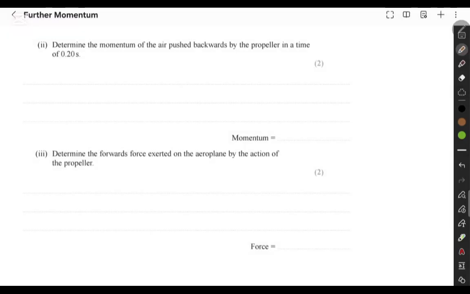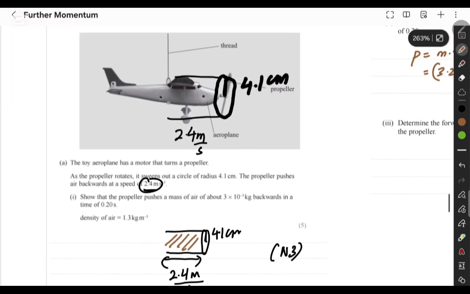So now we're going to be doing the last two parts of this question. It says determine the momentum of the air pushed backwards by the propeller in a time of 0.2 seconds. So momentum is equal to mass times velocity. The mass of the air that's pushed backwards is 3.29 times 10 to the power of minus 3, and the velocity at which it is pushed backwards is 2.4 meters per second, which is given to us in the question.